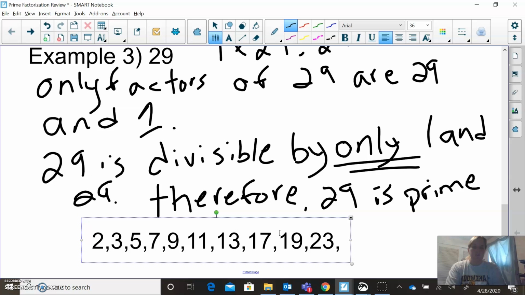Those are some examples. There's a whole list, and you can probably Google it and find a whole list of prime numbers, but those are some examples of prime numbers, guys.